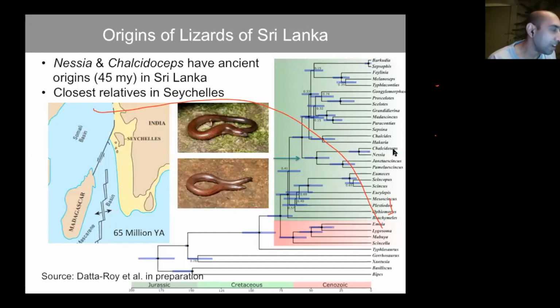So we are finding it hard to explain whether this is an indication of what we call Gondwanan vicariance, where these are all part of ancient Gondwanaland, where Madagascar, India, Sri Lanka, Seychelles, Africa, and even South America and Australia were together, which started separating in the early Cretaceous period about 75 million years ago.